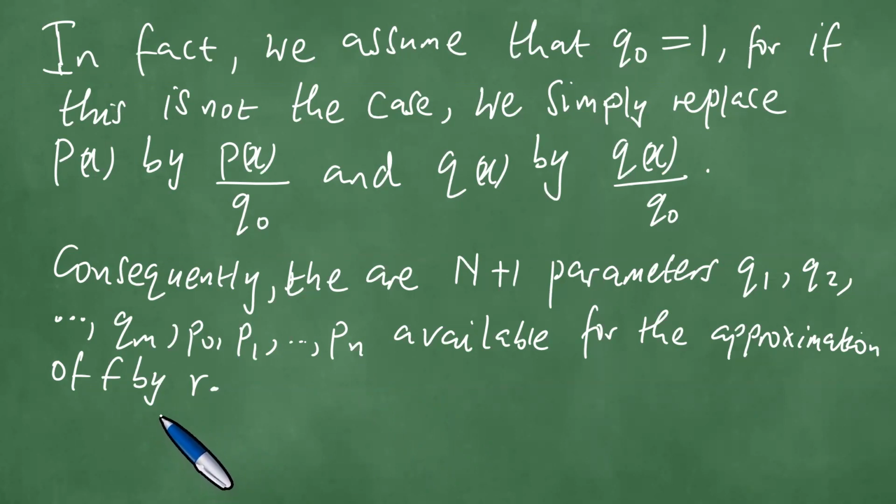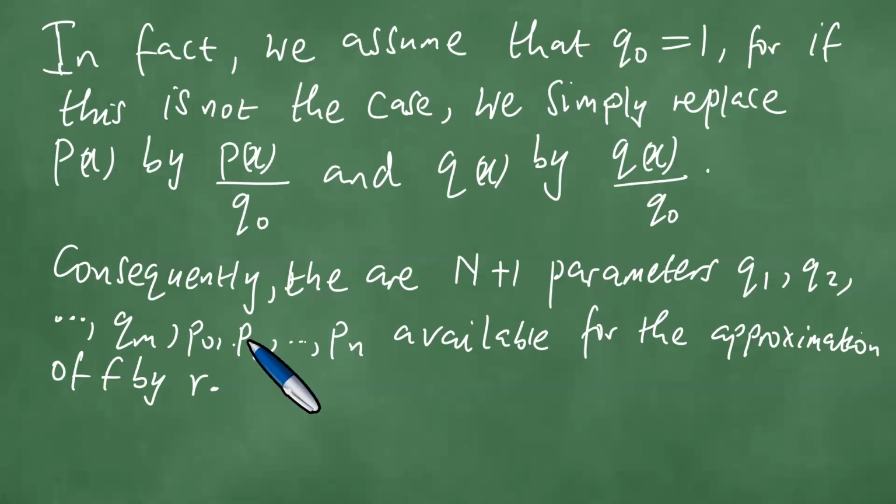So as a consequence, you have these parameters, which are Q1 up to Qm and P naught up to Pn, available for the approximation of f by R.